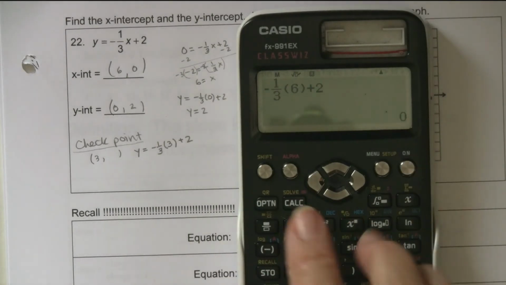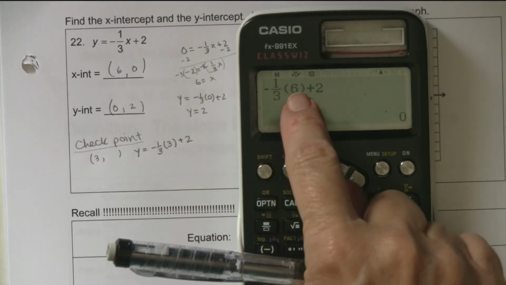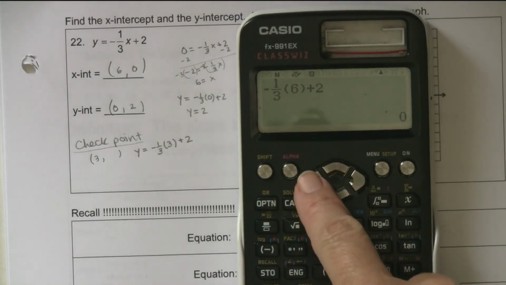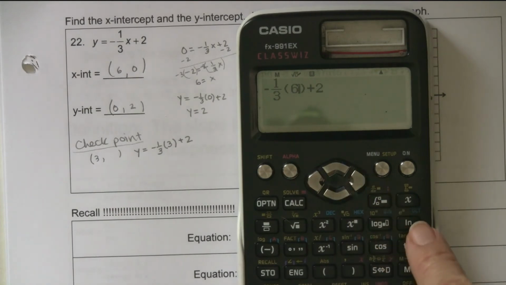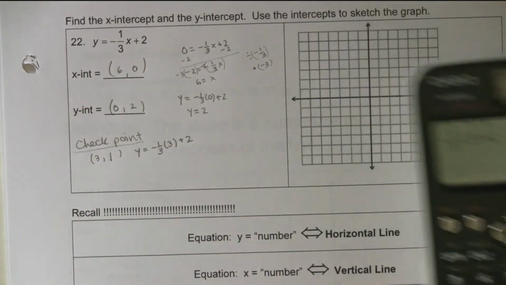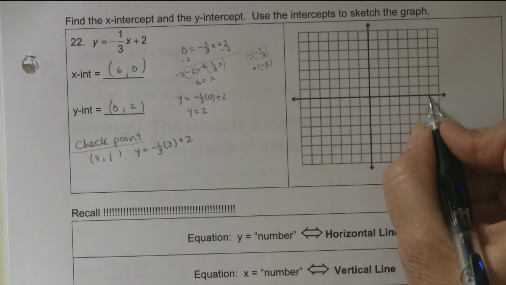I have that already going on my calculator, negative 1/3 times 6 plus 2, and now I'll just edit that and put in 3. And I get 1. And then I'm going to plot these 3 points: over 6, up 0.